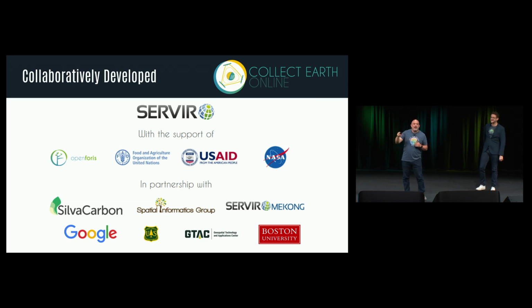So this whole application was built out of a need from multiple organizations, based on a bunch of different use cases. It was genuinely community built and derived, and that's what makes it exciting.